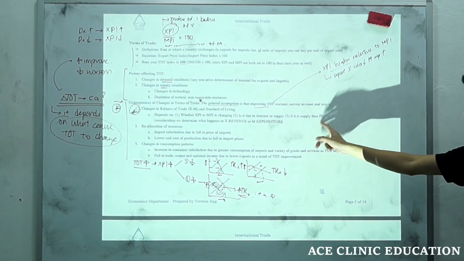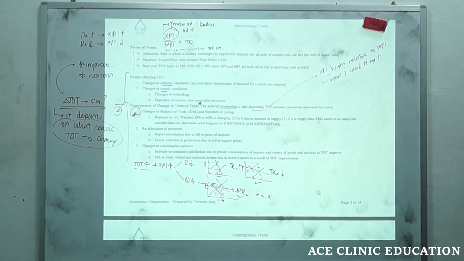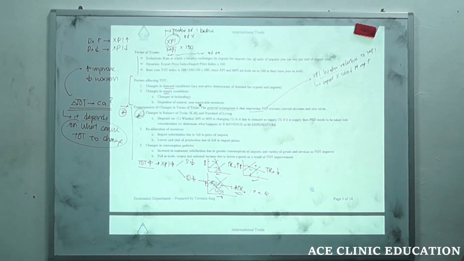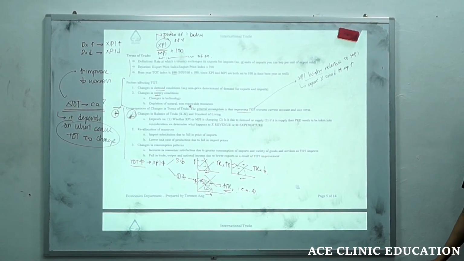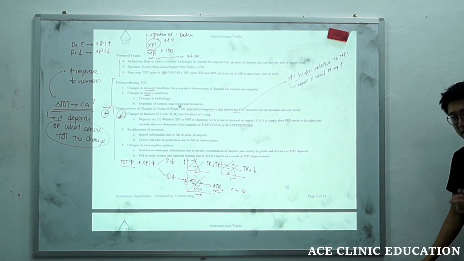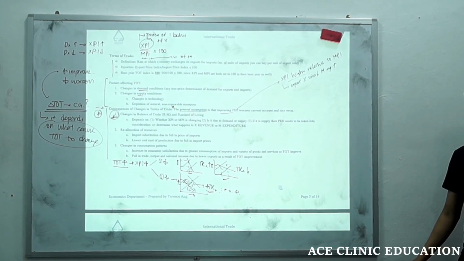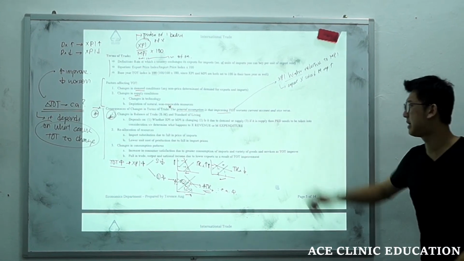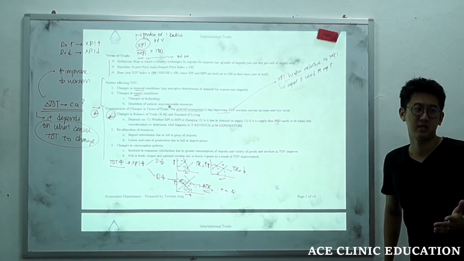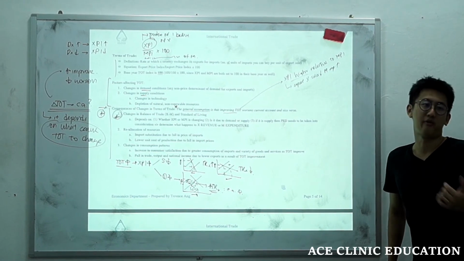So the steps I give you are here, okay? When you want to interpret the impact of a TOT change on X minus M on your current account, the first thing to ask yourself is: is the export price index changing or the import price index changing? Okay? Second, is it because of demand or supply? If it's demand, it's straightforward, right?